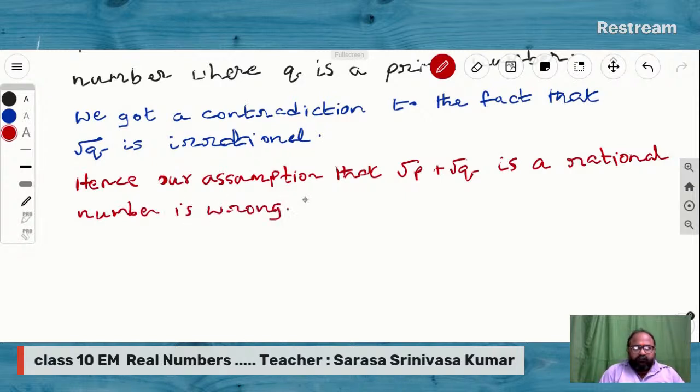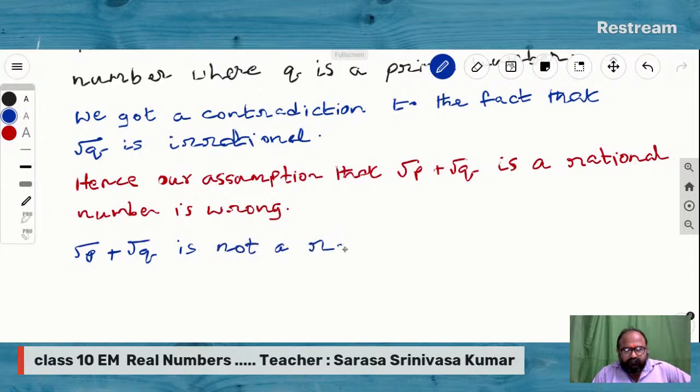So if our assumption is wrong, then it is not a rational number. Therefore, square root of p plus square root of q is not a rational number.